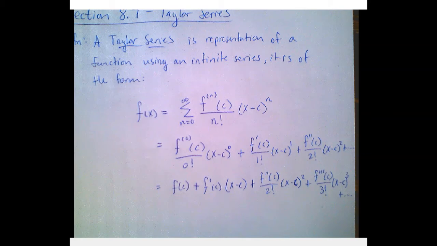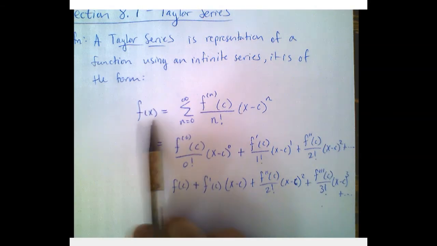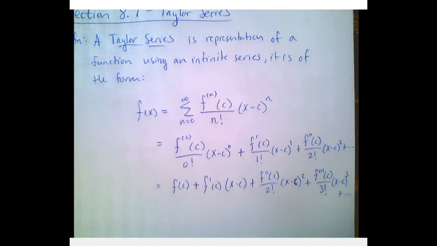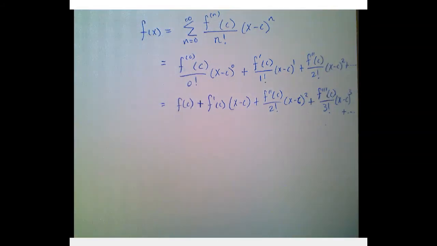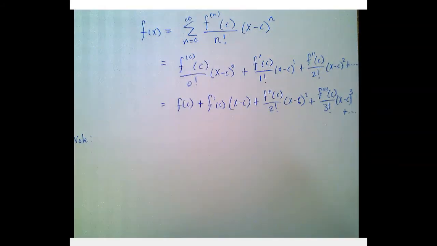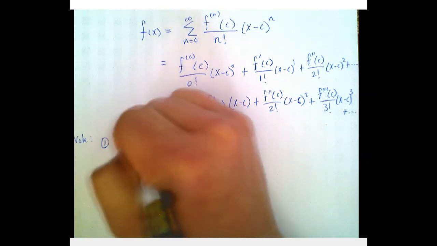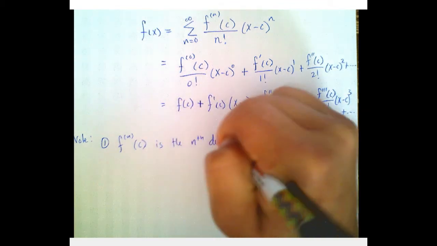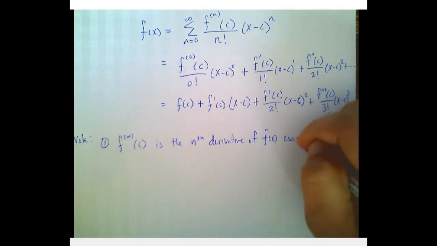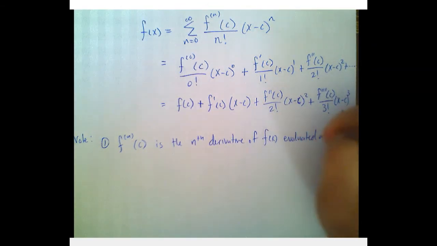Okay? So the beauty of this is that any function can be represented in this following way as long as the function is continuously differentiable. Okay? So we note here f^(n) of c is the nth derivative of f evaluated at c.